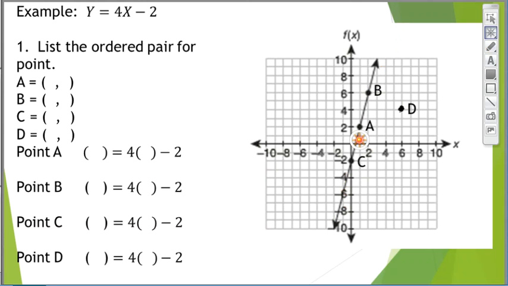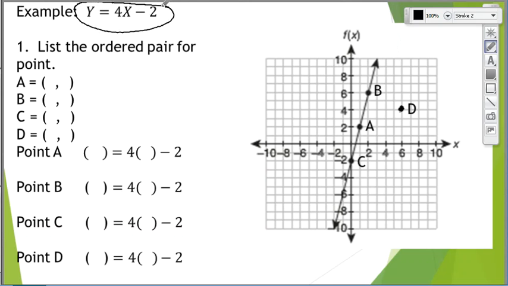And every line we can draw in the coordinate plane has a specific and unique equation for that line. Okay, so that's an important thing to realize, that this line right here is this equation right here. The equation for this line is y equals 4x minus 2.